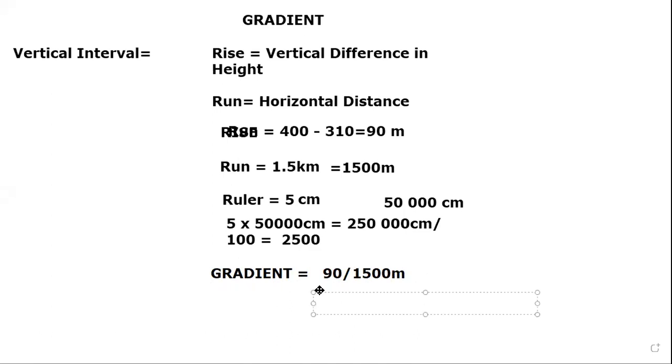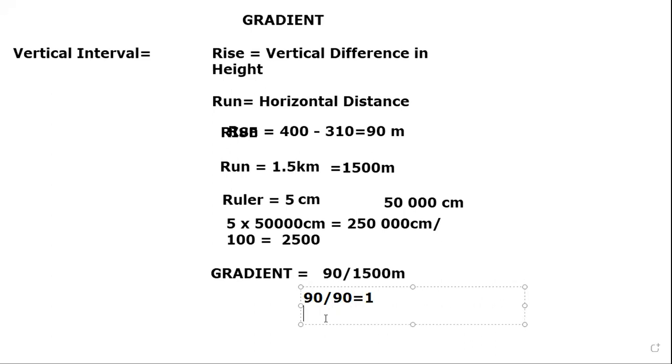What is the next step? How do you make it a ratio? You say 90 to 90 and then 90 to 1,500. Very good. 90 divided by 90 is 1, right?